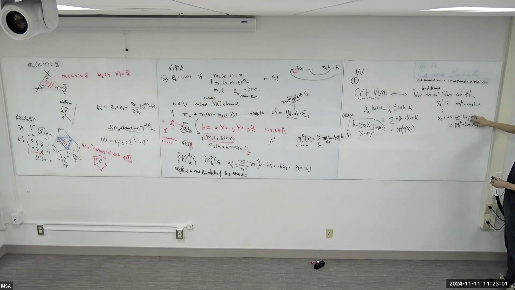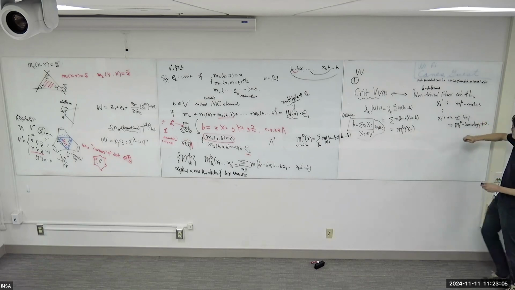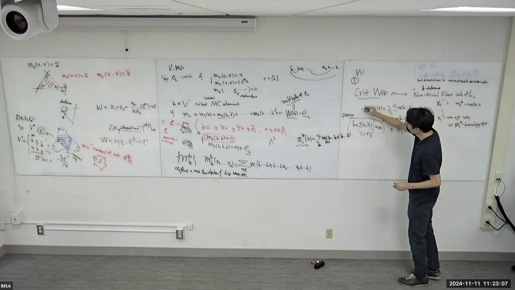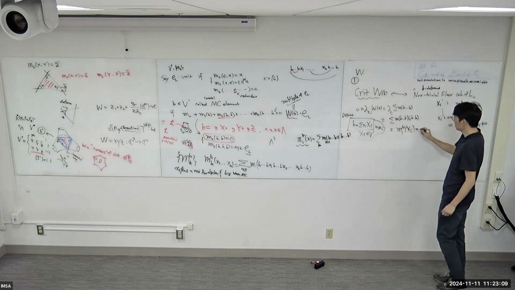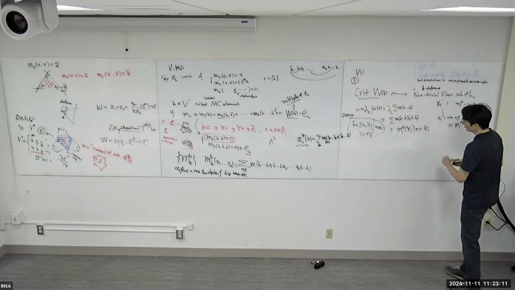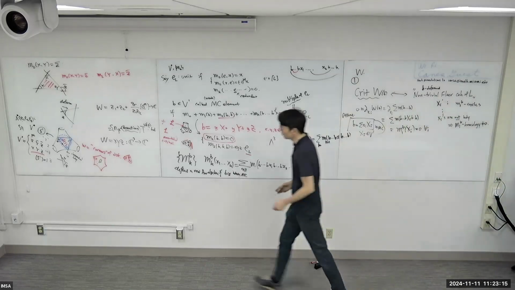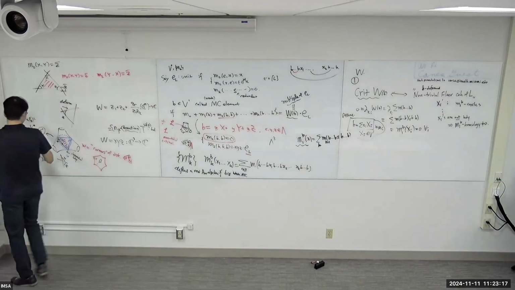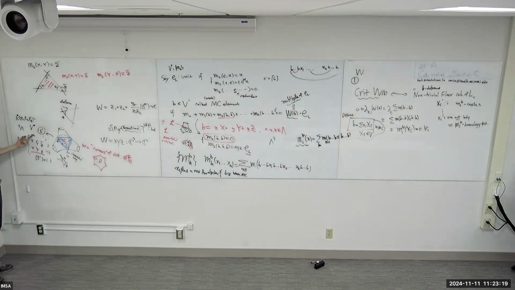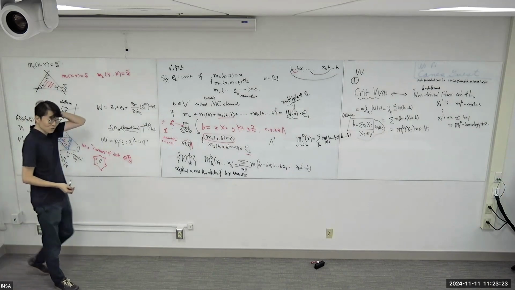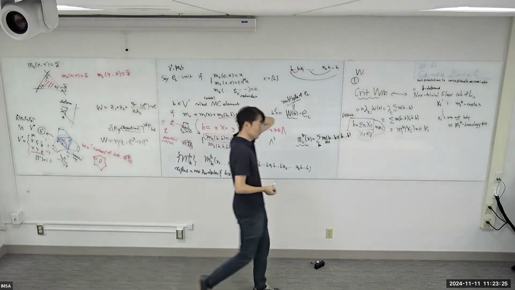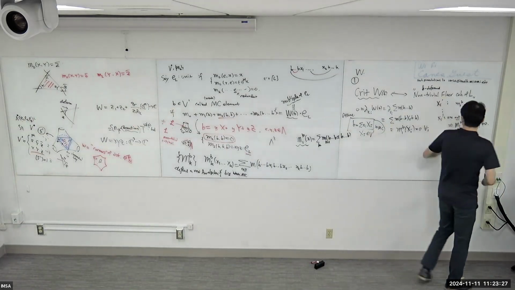For this you need some additional argument. If it's a critical point, then this has to be zero for all i. That means you have a lot of cycles. And if you use this exterior algebra structure, if you go all the way, you get some point class, and then you can show that the point class cannot vanish. Something like that. Anyway.